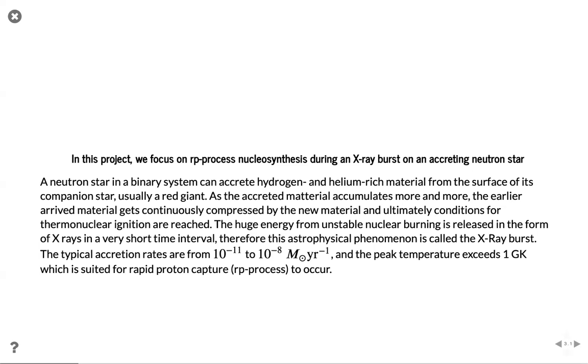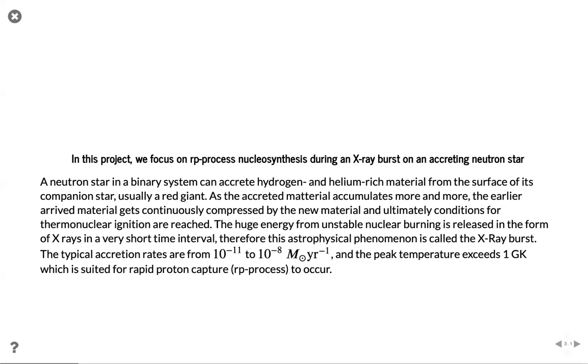Which approximately corresponds to mass accretion rates characteristic also for nova events, except that now instead of a white dwarf, we have a neutron star with a much deeper gravitational potential well. Therefore, accreted material gets compressed to higher densities and higher temperatures are reached.